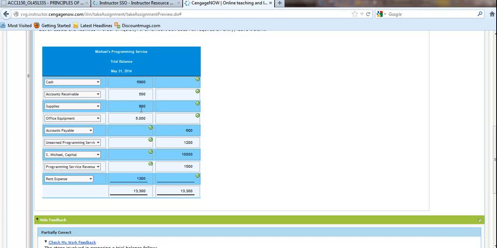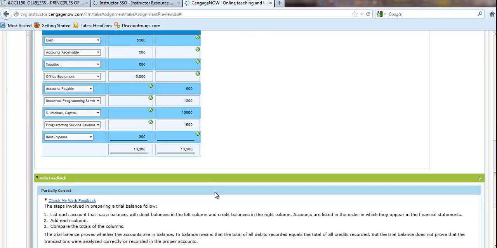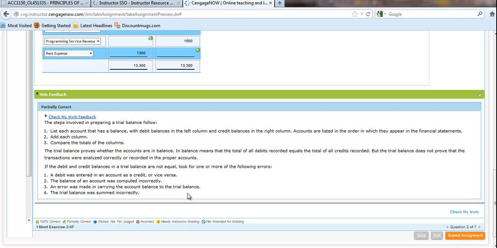I want to make sure you don't just assume that these are always going to be equal when you prepare your assignments, because this is where you find out if you have made any mistakes. Then you use the check your work feedback, which gives you some feedback about the problem and trial balances. It says if the debit and credit balances do not equal, look for one or more of the following errors.